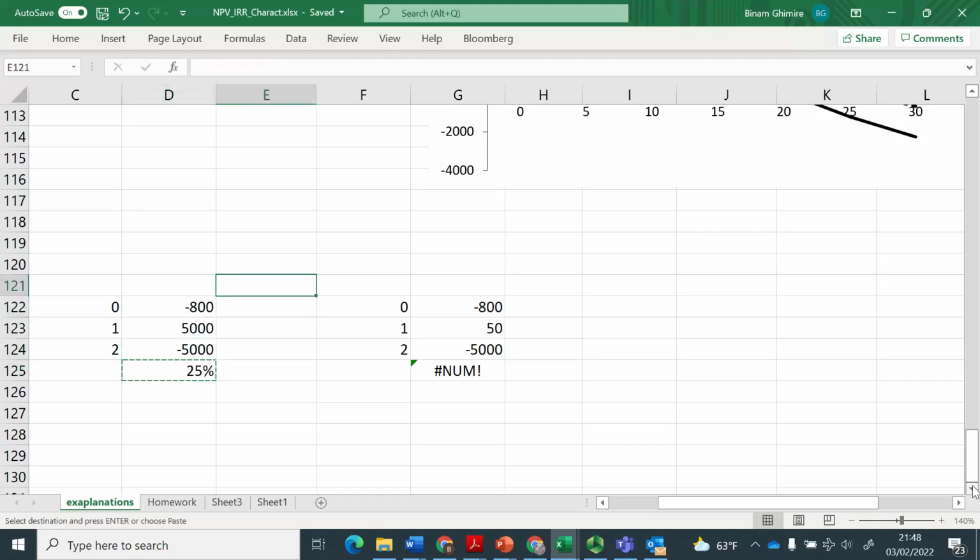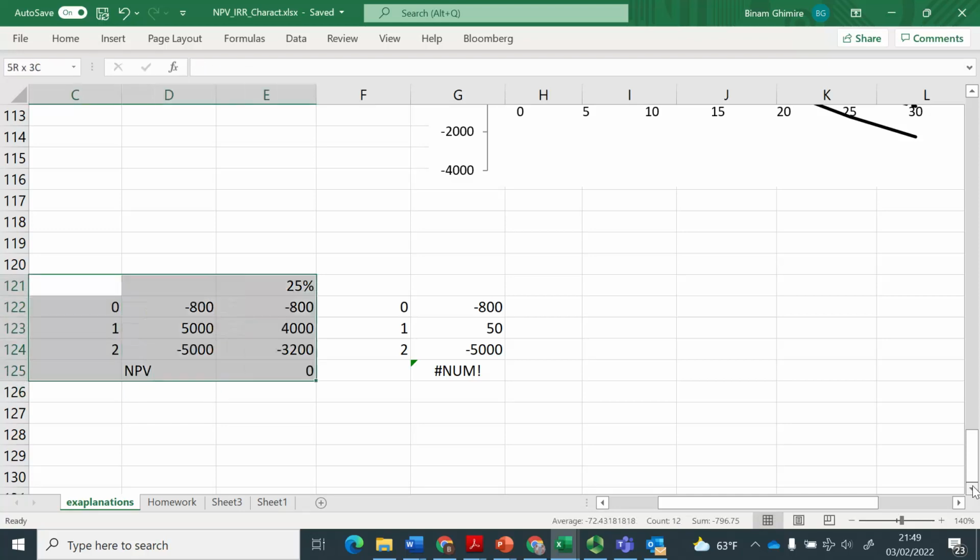That basically means if you put this 25% here and then compute the NPV, where each cash flow is divided by 1 plus this rate raised to the time period, and add them all together, you get 0. So 25% is IRR because it has forced NPV to become 0.